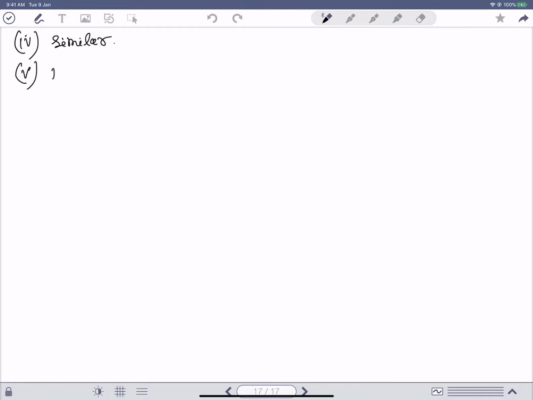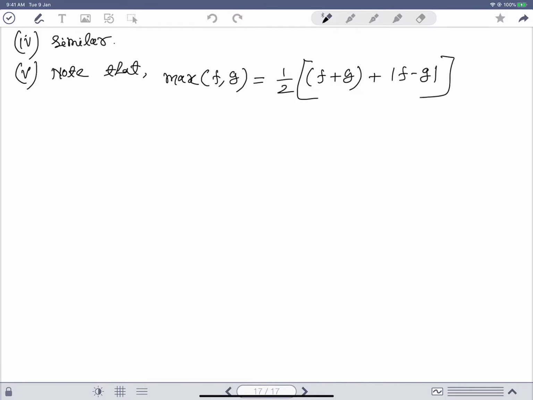Note that the maximum of f comma g can be written as half into f plus g plus mod of f minus g, and the minimum of f comma g can be written as half into f plus g minus mod of f minus g. Right? Now we are done.